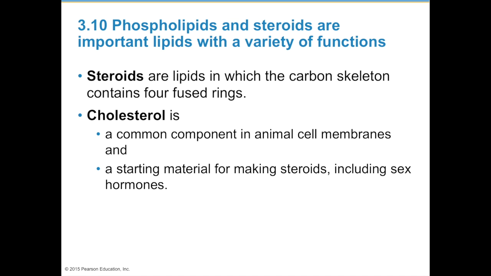All right, so steroids are lipids in which the carbon skeleton contains 4 fused rings. We looked at that earlier, at steroids and estradiol. Cholesterol is also a common component of animal cell membranes and a starting material for making steroids, including your sex hormones. So cholesterol is used to help make steroids.